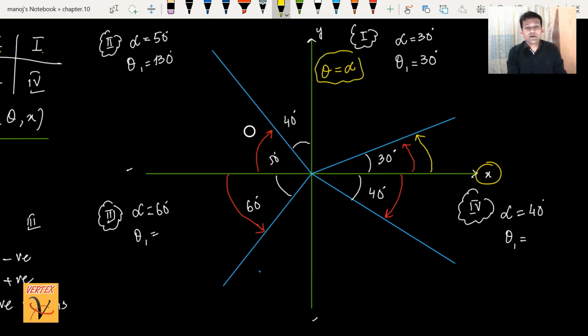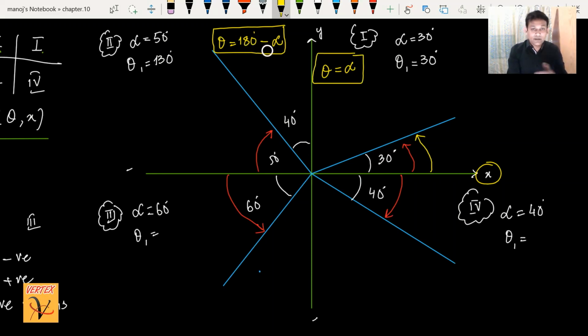Yes, the relation is: this 50 should be subtracted from 180. 180 minus 50 is 130. So the rule we found here is that the general angle theta in the second quadrant is always 180 minus alpha. We can make a formula: in the first quadrant, theta is always equal to alpha, and second is 180 minus alpha.